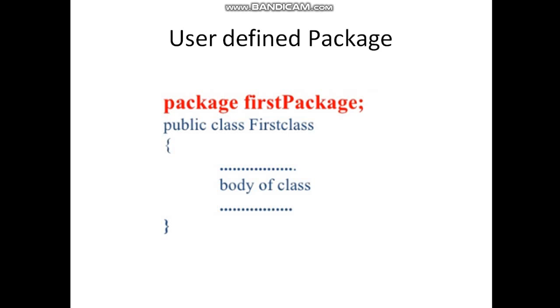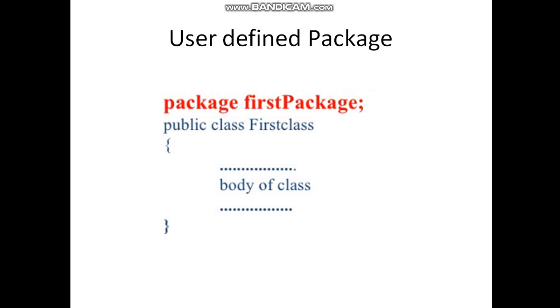Now, in order to define a user-defined package, the syntax is as follows. First, you have to use the keyword package and you have to give a name of the package. Suppose I am defining a package named first package, then the syntax is package is the keyword, then first package, semicolon.